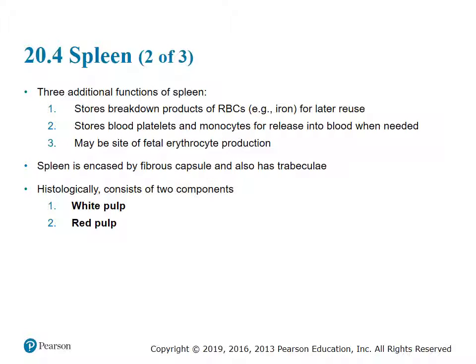And because the spleen is such a big size in the fetus, we think the fetus uses the spleen as the place where we produce red blood cells for the fetus. It's a weird thing to think about, but you have to go back to the fetus because the fetus hasn't created all of the bone tissue yet.